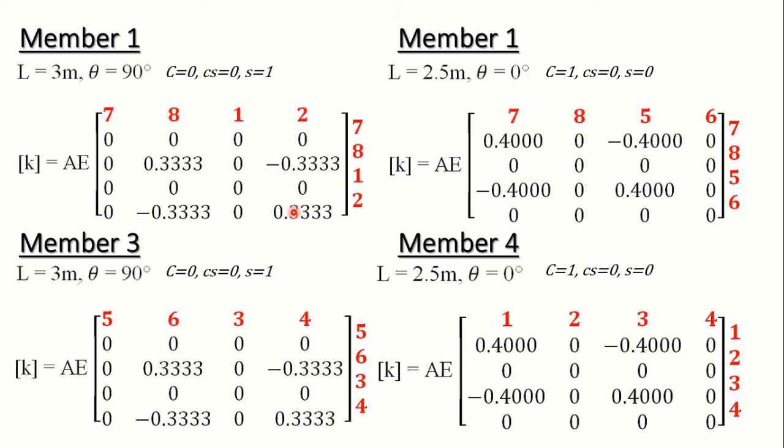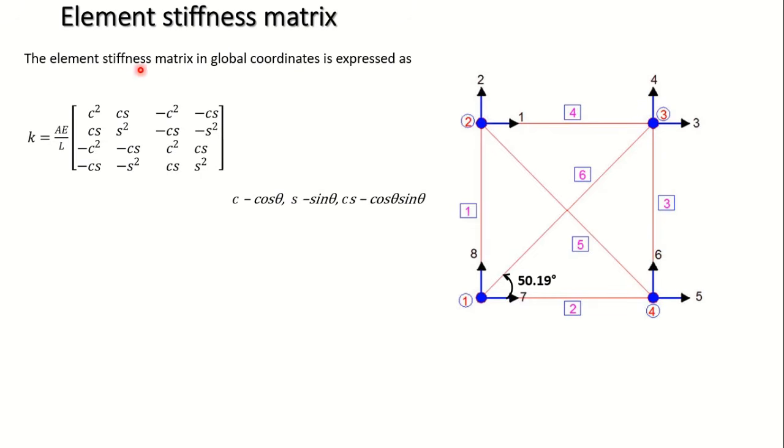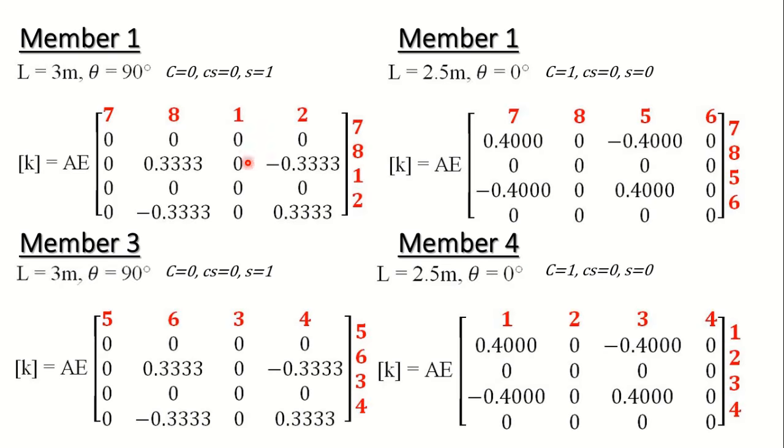So always follow this rotation matrix for the truss element. This is the matrix I have applied for developing the element stiffness matrix for member number 1, so I have obtained this element stiffness matrix for the first member.